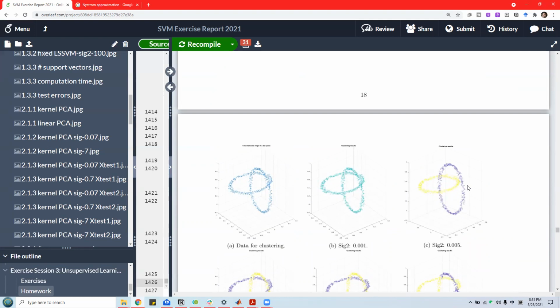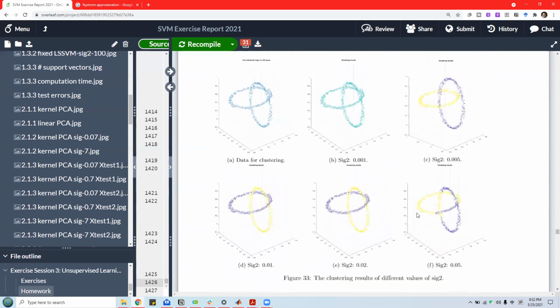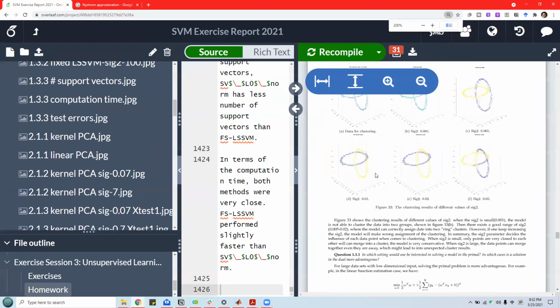When you increase it a little bit, those points merge with the ones next to them, and you get this kind of ring shape. If you keep increasing, that's okay. But when you get to 0.05, then the points, let me zoom in more on this.